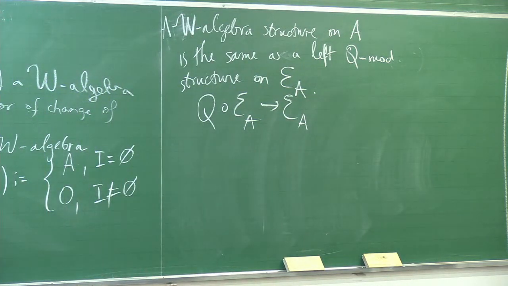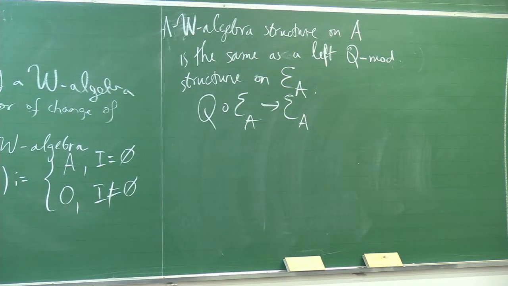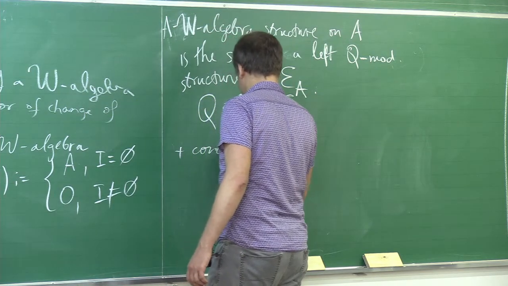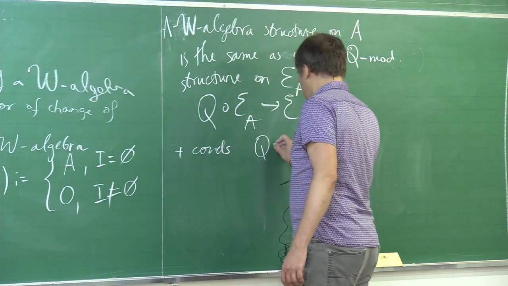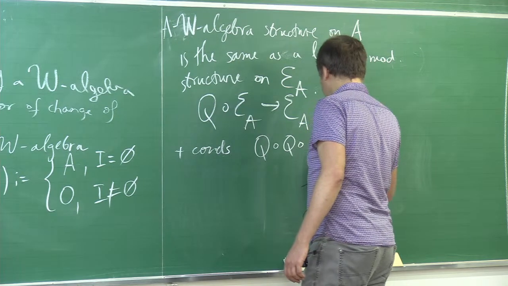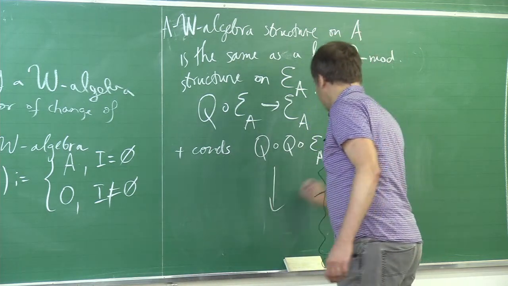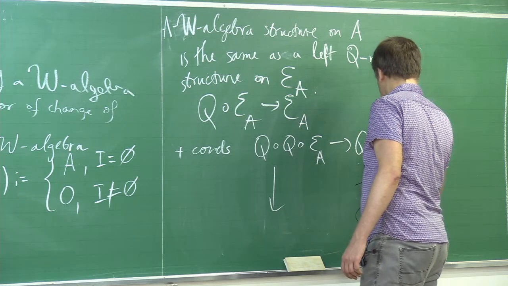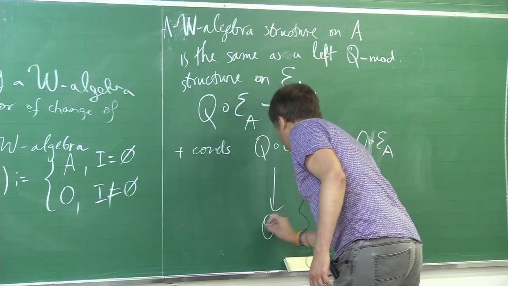So I'm going to take the composition P circle epsilon A to epsilon A, satisfying conditions that P circle P circle epsilon A, we can compute in two different ways.